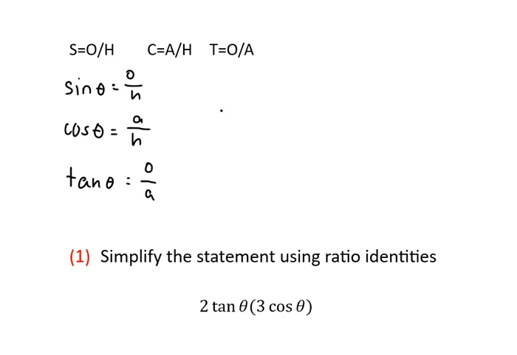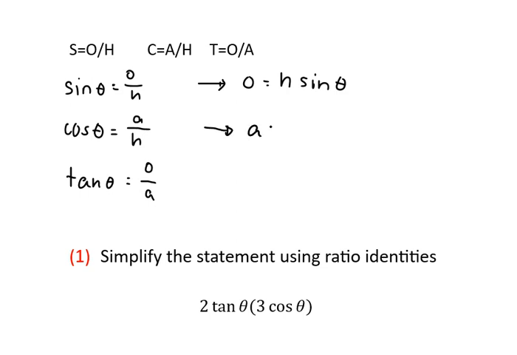But there's one thing I also want to introduce to you, and that's the ratio identity of tangent. We can derive that by using the equations available here. We can say that the opposite side is equal to h times sine theta by cross multiplication. So h times sine theta is equal to the opposite side.